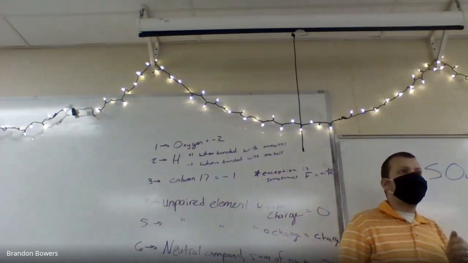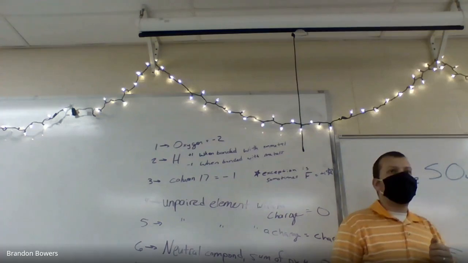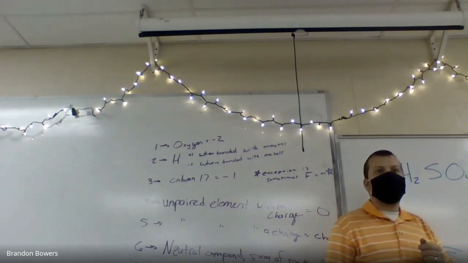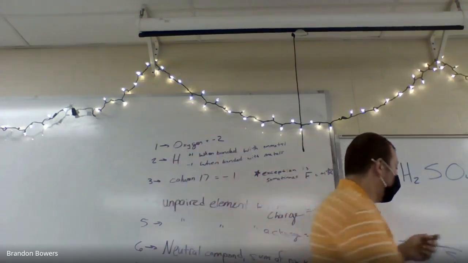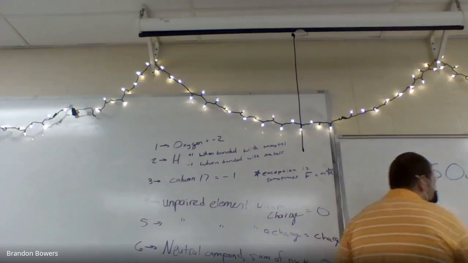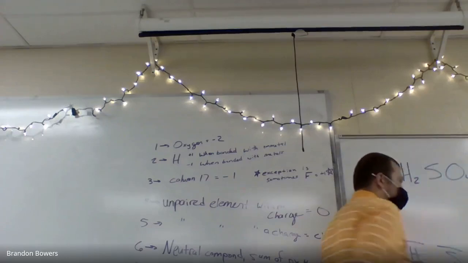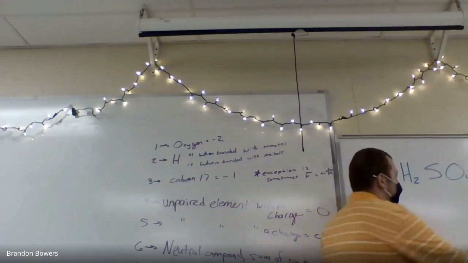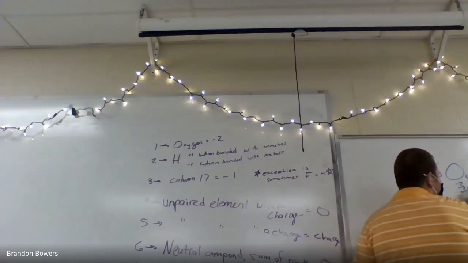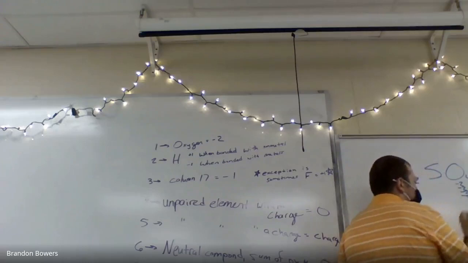How'd you get that? Yeah, rule number 1. Oxygen's -2. Holy smokes. We already got one of our 3 answers. So one oxygen is -2. I have 4 of those. So oxygen has a total of -8.